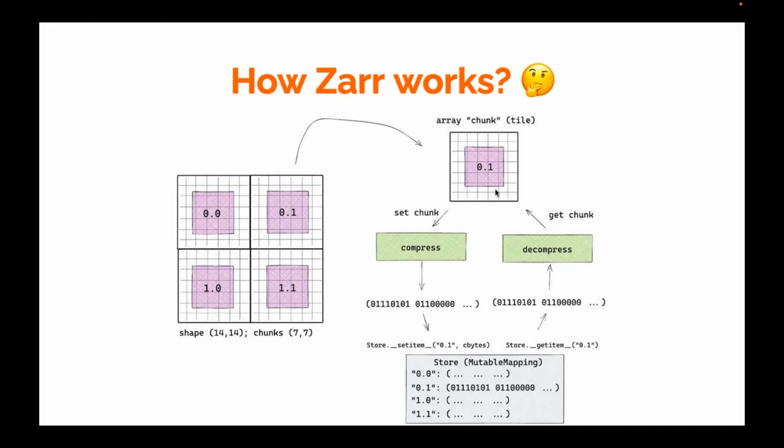But if writers are not aligned with the chunk boundaries, then write locks could happen. So this is just a small thing you can keep as a footnote while you are concurrently writing data to your Zarr in a cloud format or in local storage.